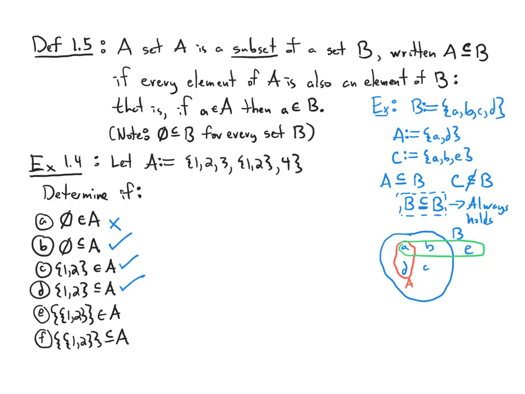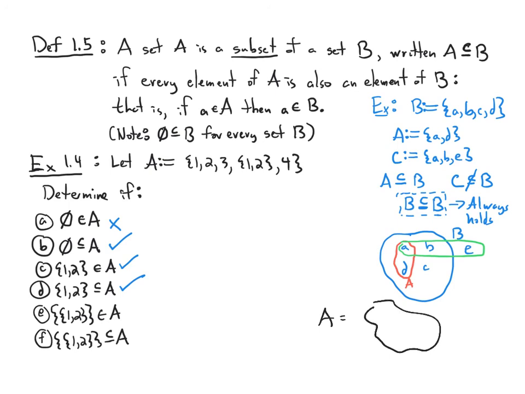Okay. The 5th one: is the set containing the set containing 1 and 2 an element of A? Well, not really. In fact, it's definitely not. Here we have the set containing 1 and 2, or you can think of it as a bag containing 1 and 2, but we don't have a bag containing a bag containing 1 and 2. They're different things. Let me kind of draw this out. So A looks like this.